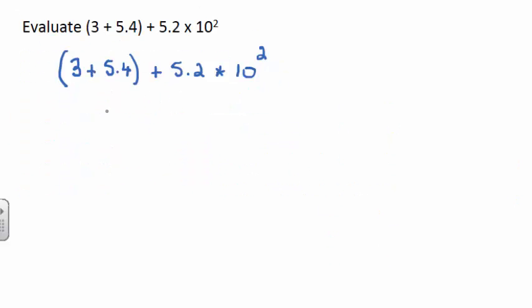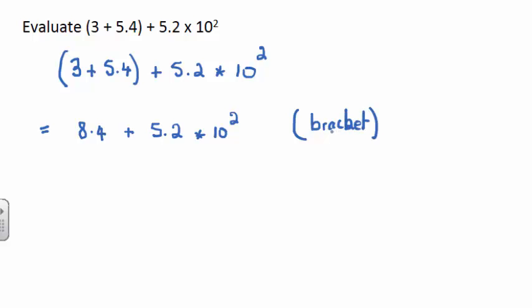So let's start with the bracket. So equals. In the bracket there is an addition, so 3 plus 5.4 equals 8.4. I remove the bracket, I don't need it. 5.2 times 10 exponent 2, and between brackets I write brackets. That means I start with the bracket first because this is the most powerful one, it's number 1.